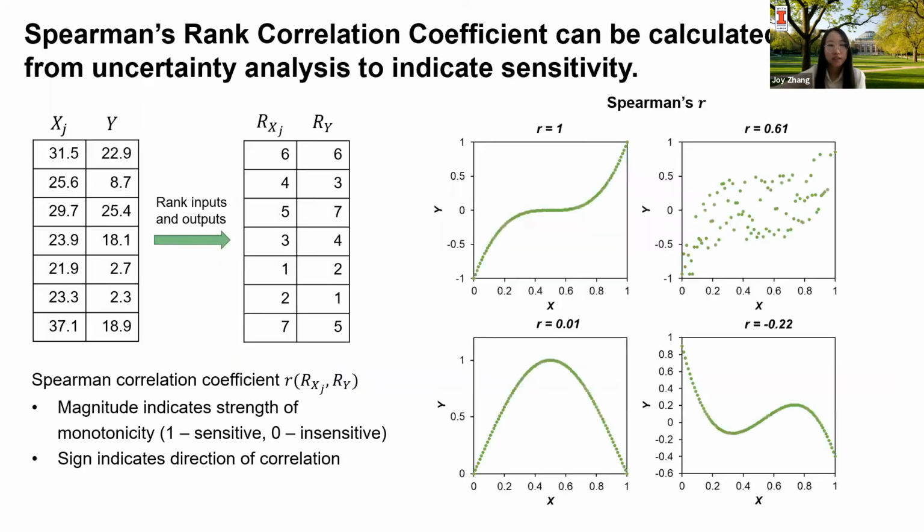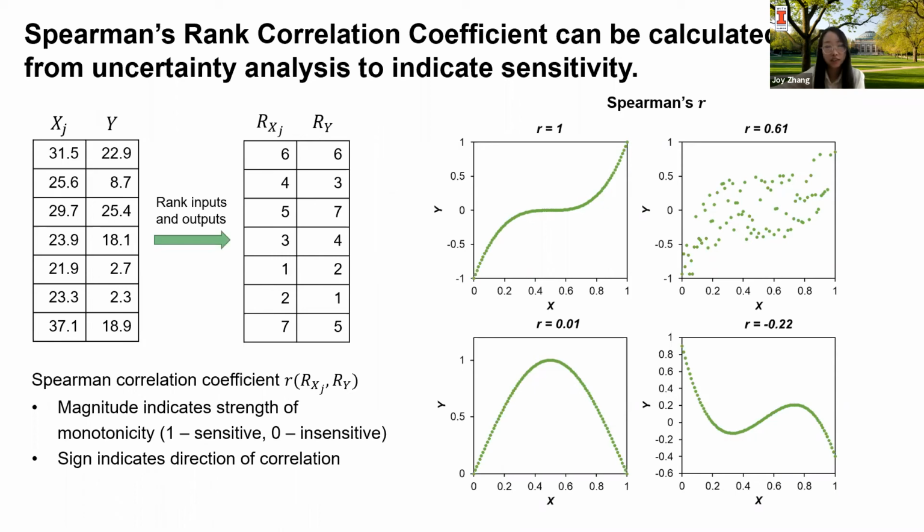To perform a sensitivity analysis, we introduce here a relatively simple method called the Spearman rank correlation coefficient. The Spearman correlation coefficient basically measures the monotonicity between two variables. On the right-hand side here, for example, if as x increases, y monotonically increases, then the measured Spearman correlation coefficient would be 1.